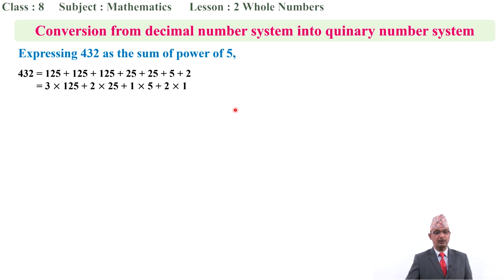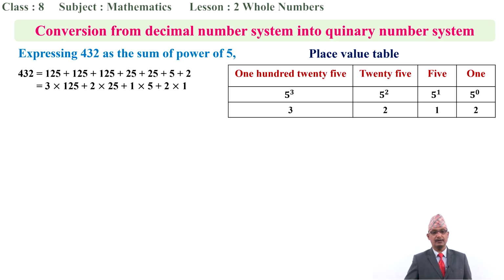Now look here, how many times 125 do we have? 3 times 125. Similarly, 2 times 25, 1 times 5 and 2 times 1. Now look at the place values of quinary number system: 5 to the power 0, 5 to the power 1, 5 to the power 2, 5 to the power 3.